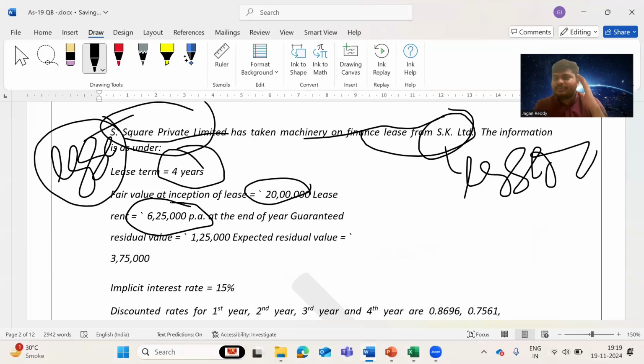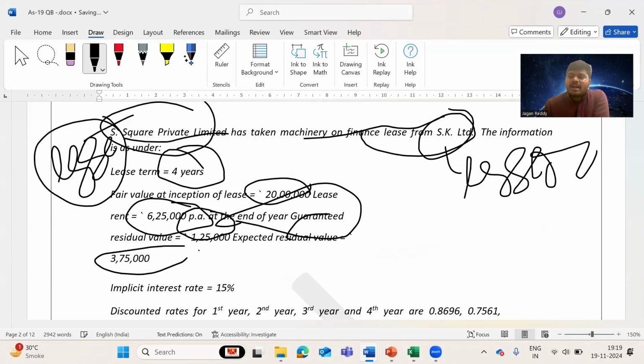Whenever you go to the lease, whether payment is at the end of the year or the starting of the year, you should consider it. Please underline this phrase, end of the year. Next, residual value is 1,25,000. Expected residual value is 3,75,000, in which unguaranteed residual value is 3,75,000 minus 1,25,000.